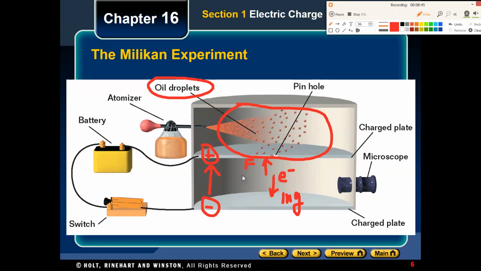In that way, he can have the weight of the droplet equal to the electric force. So the electric force Fe equals the weight of the droplet. In this way, he can figure out the charge of each oil droplet, and finally he figured out the charge of each electron.